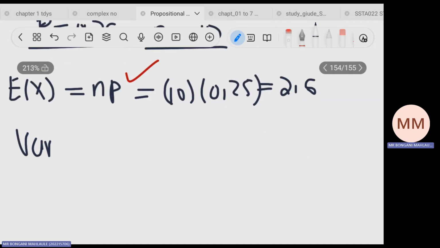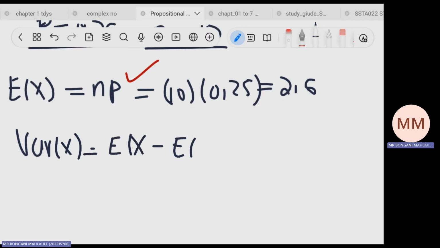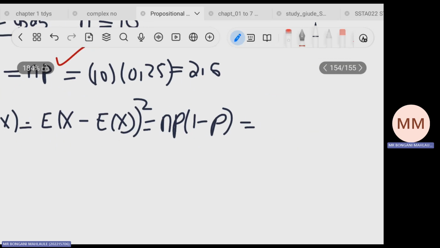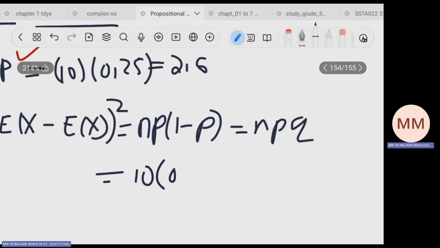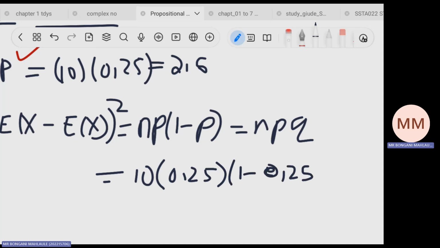And you get your variance. Your variance is equal to npq. You can write it like this, but at the end of the day, this is the same as npq. So you'll say 10 times 0.25 times 0.75, then you'll get your value 1.875.